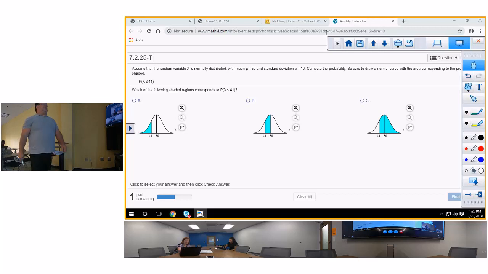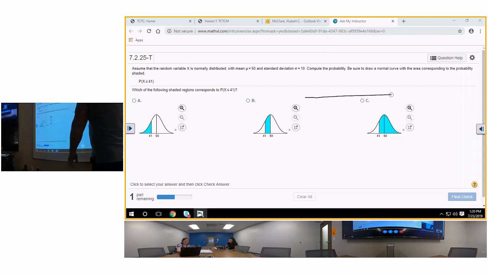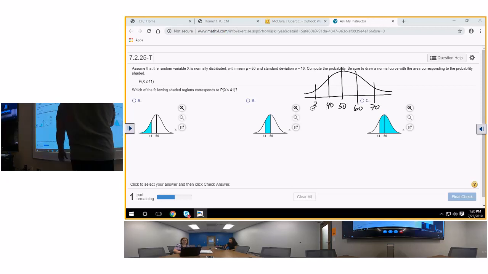We did one like this in class, but I'm going to go ahead and do it. Okay, so 50, 60, these are the ones I like, 70, 40, and what? 30. Where is 41? 41 is right here.